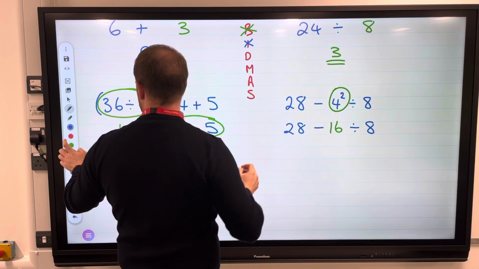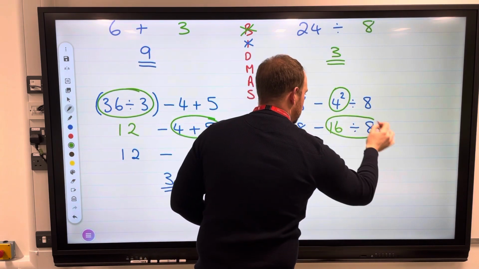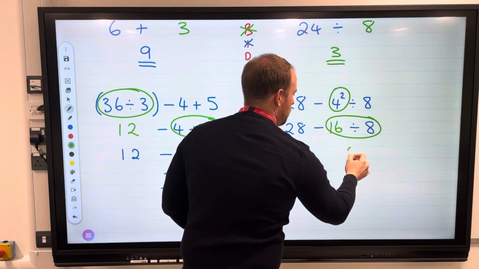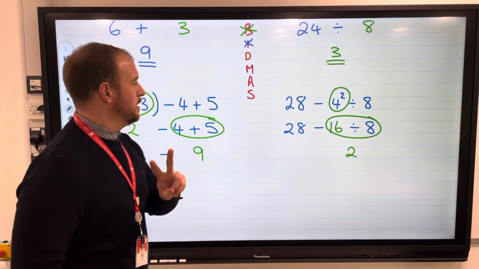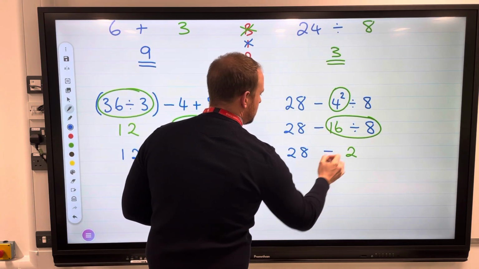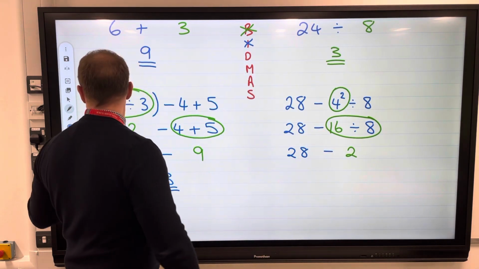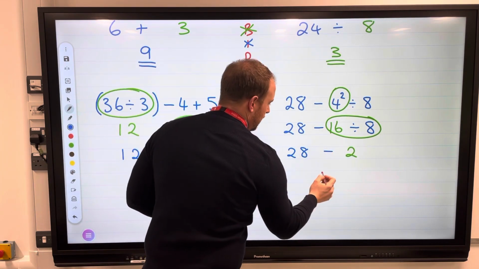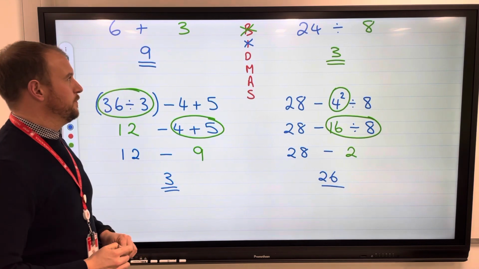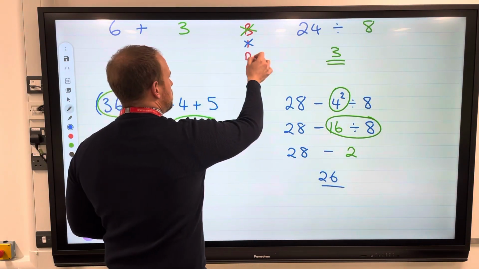Division next then. There's your division part. 16 divided by 8 is 2, because 8 goes into 16 twice. Bring down the 28 and the subtraction symbol, then we can work that out. 28 take away 2 is 26. And there it is.